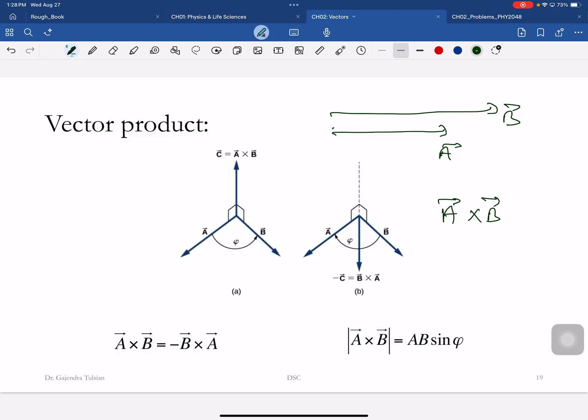What is the angle between the two vectors? 0. Sine 0 is 0. The magnitude is 0. So the cross product of two parallel vectors is 0. The cross product of two anti-parallel vectors, that would be sine 180, which is 0, is 0 as well.